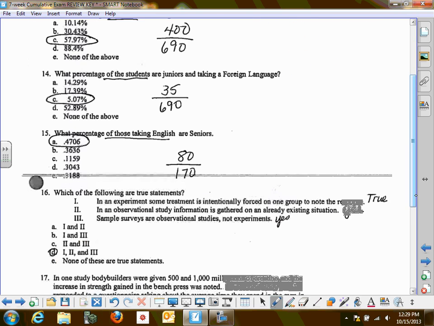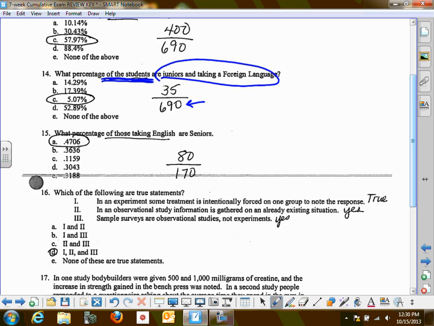All right. Yes, ma'am, Katie. So on number 14, I thought it was out of the total amount of students taking. No, what percentage? Okay, so 14. Yes, listen. What percentage of the students? But it says that are junior foreign language takers.